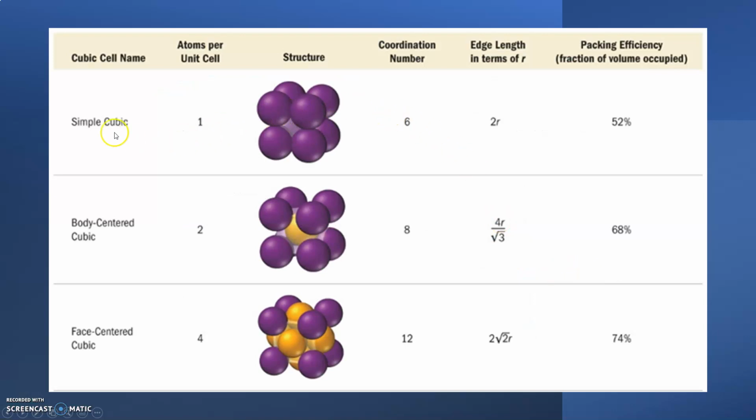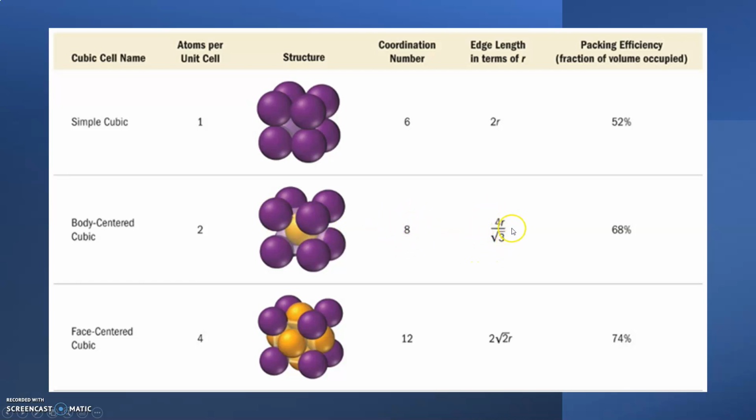In general, the simple cubic cell has a coordination number, that is the number of atoms that surround any one of them, and every edge of the cell is 2 times the radius of the atom. The packing efficiency is 52%, the part of the cell that is occupied by atoms. In the body-centered cubic, you have 2 atoms in every cell, and the coordination number is 8.